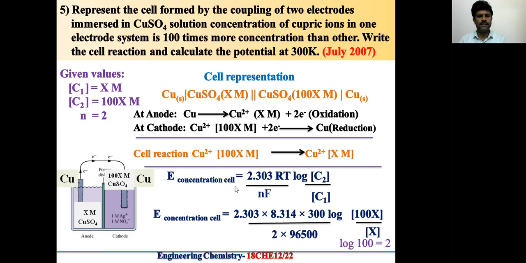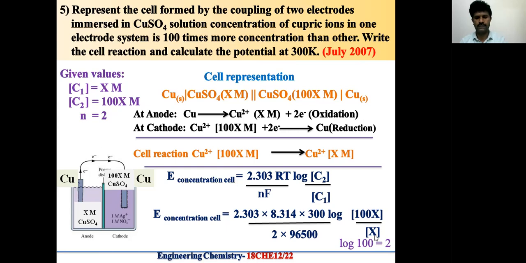So EMF of concentration cell is equal to 2.303 RT divided by nF log of C2 divided by C1, because they have given a temperature other than 25 degrees Celsius or 298 Kelvin. E concentration cell is equal to 2.303 into R value 8.314 into T value 300 Kelvin divided by n value 2, F value 96,500, log of C2 value 100x and C1 value x.